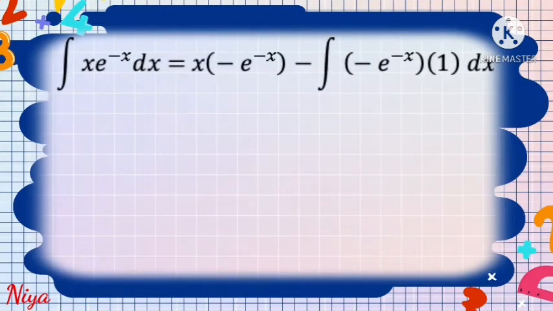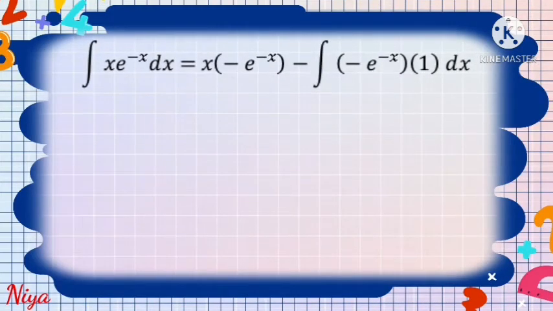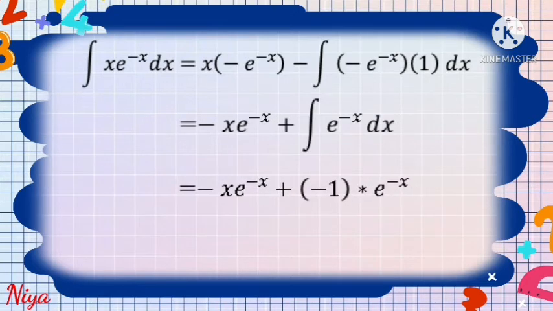When we substitute this into the original formula, we obtain x times negative exponential power negative x minus the integral of negative exponential power negative x times 1 dx. We will obtain negative x times exponential power negative x plus the integral of exponential power negative x dx, followed by negative x times exponential power negative x plus bracket negative 1 times exponential power negative x, equivalent to negative x times exponential power negative x minus exponential power negative x.